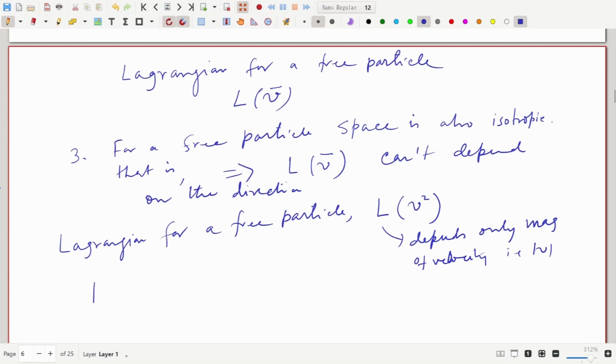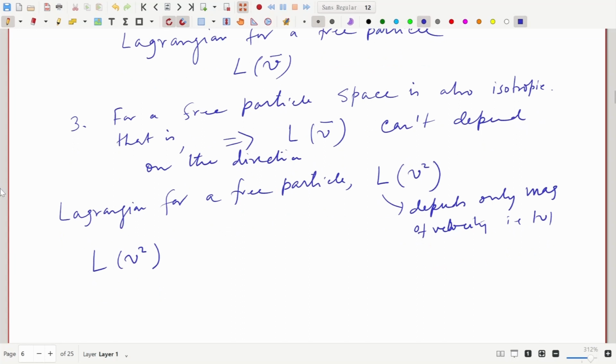I prefer to write, instead of the magnitude of v, that the Lagrangian depends only on v square. So there is no directional dependence in this case.